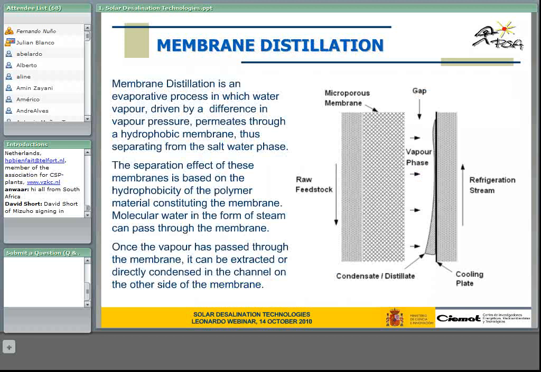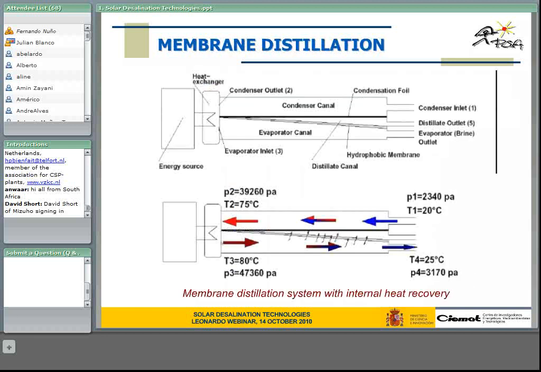You can see here there are a number of different configurations of this technique. We have one here: this is the condenser channel, and this is the evaporator channel. They have the feeding water, which is from the sea, at about 20 Celsius. The temperature is increased just by recovering the heat from the condensing.